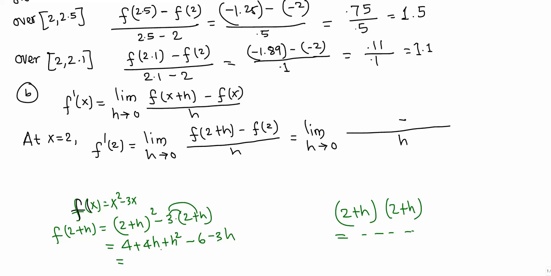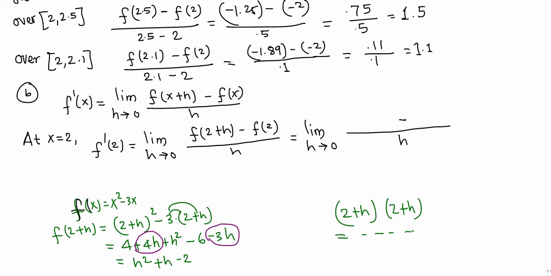Now let's simplify: h squared, plus 4h minus 3h is 1h, and 4 minus 6 is negative 2.